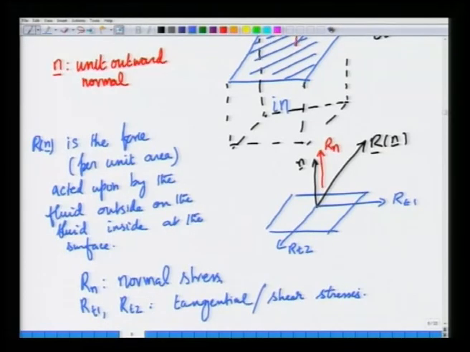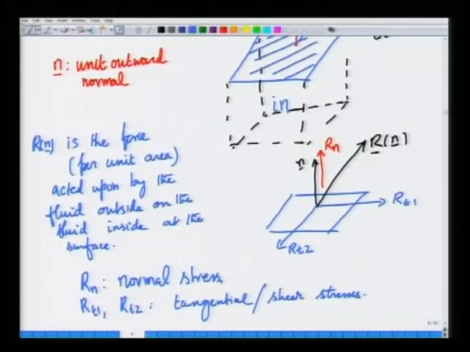So, in general, the fluid that is present outside will exert a force on the fluid that is present inside only on the surface, and this is because of viscous action. And this force can have a component along the normal as well as a component perpendicular to the normal.